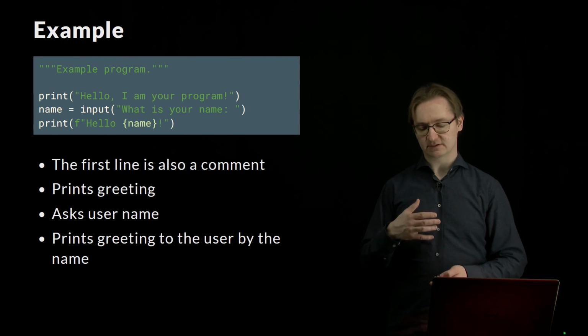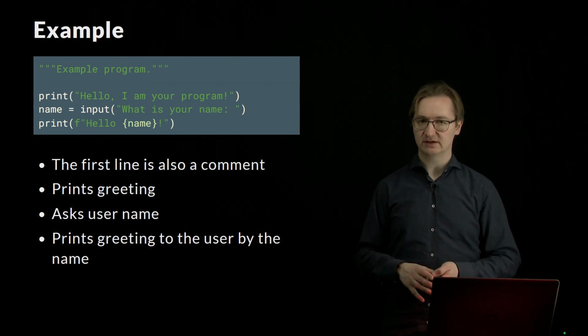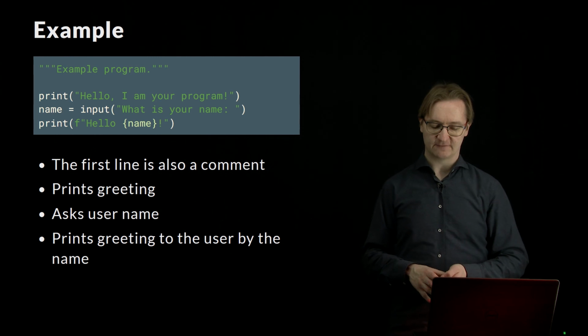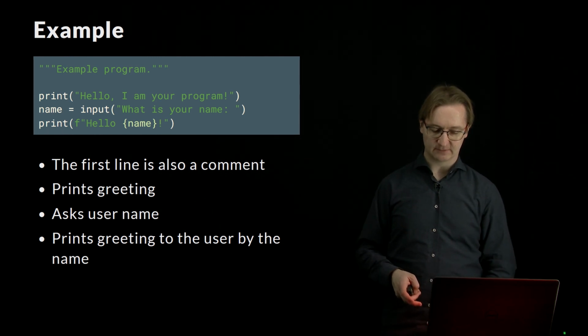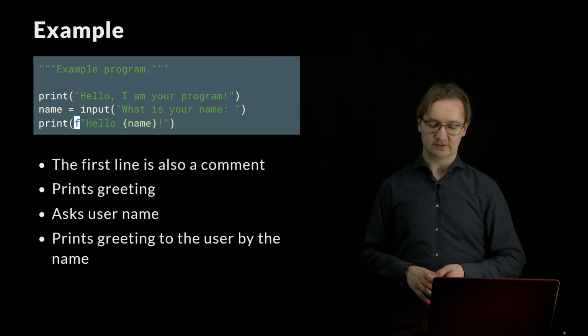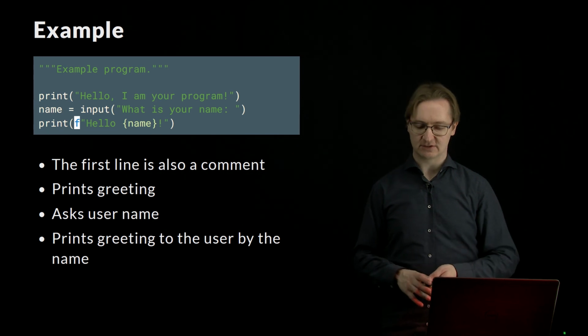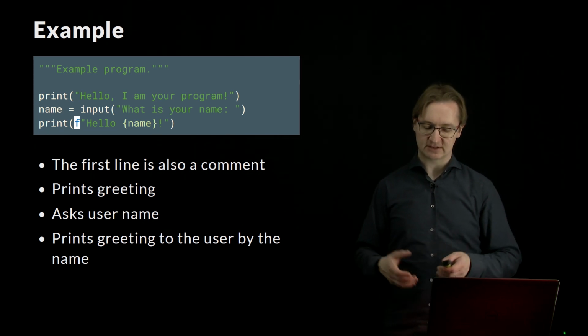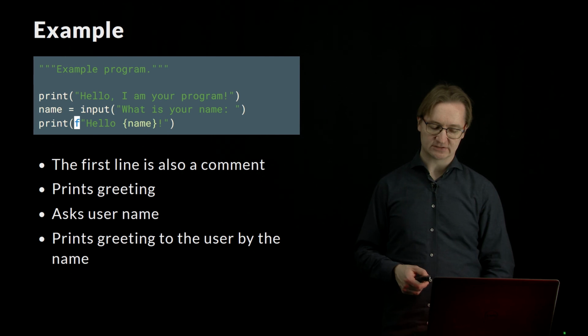Currently we use an f-string here. This f symbol before the quote mark indicates that this is an f-string. We will talk about this in the string videos, so you can see what happens there. But basically it allows us to use variables inside a string.